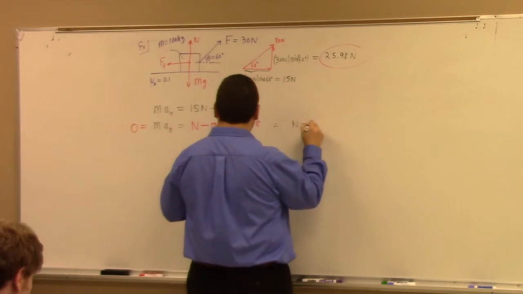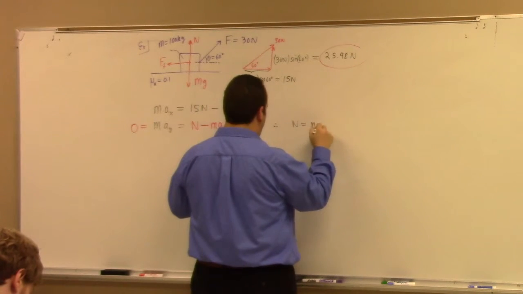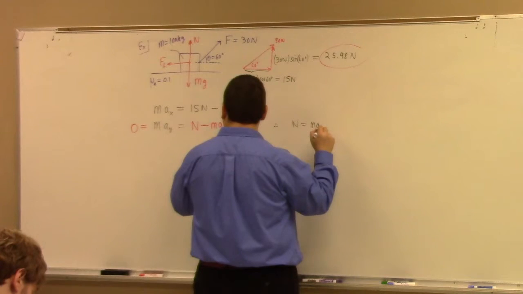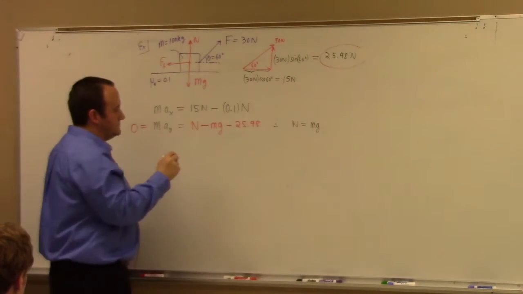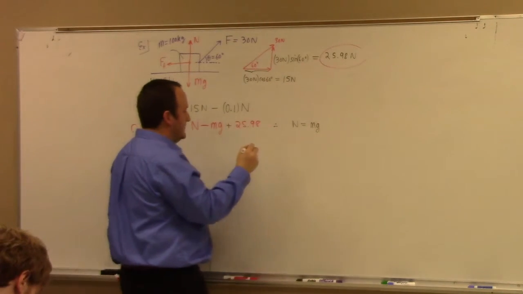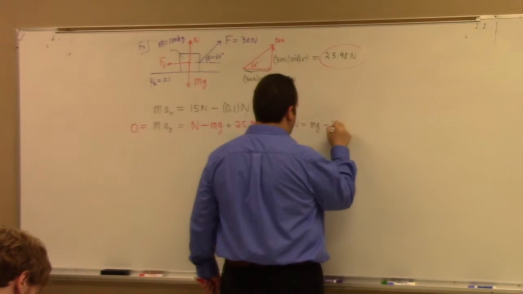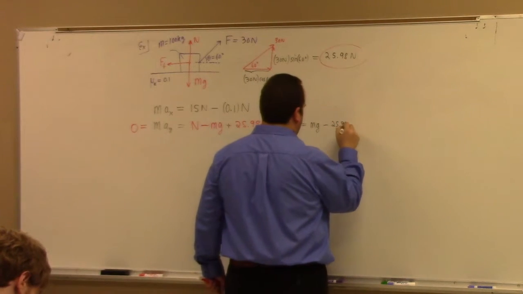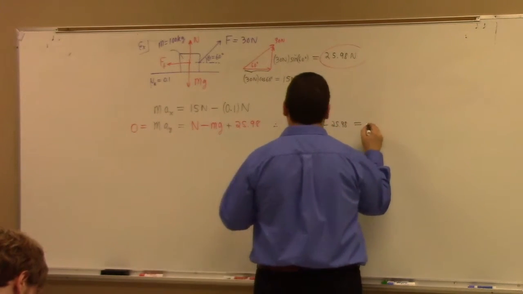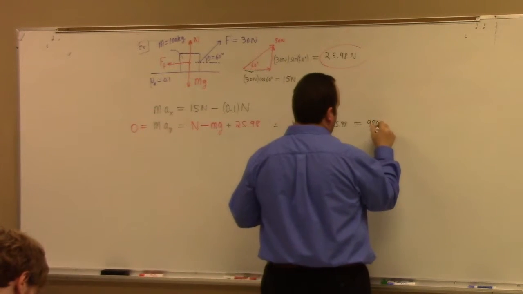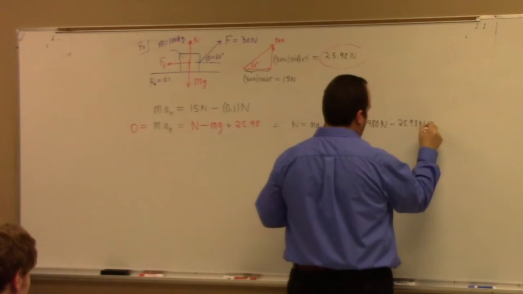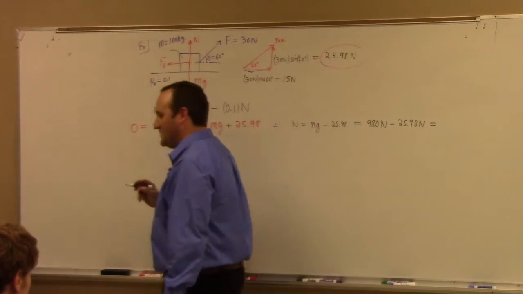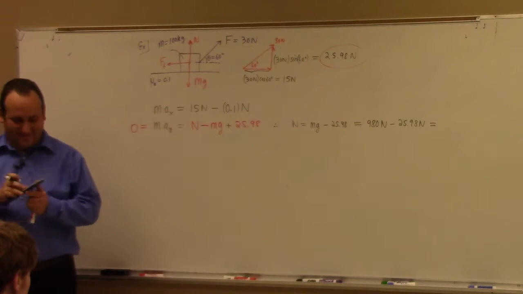The normal force in this case is mg. Oh, I'm sorry. Should this be minus? That should be plus, right? Thank you, guys. So minus 25.98, which is what? What was my mass? 100 kilograms. So that's 980 newtons minus 25.98. It's going to be hard to tell the difference in this case. It doesn't change it much.